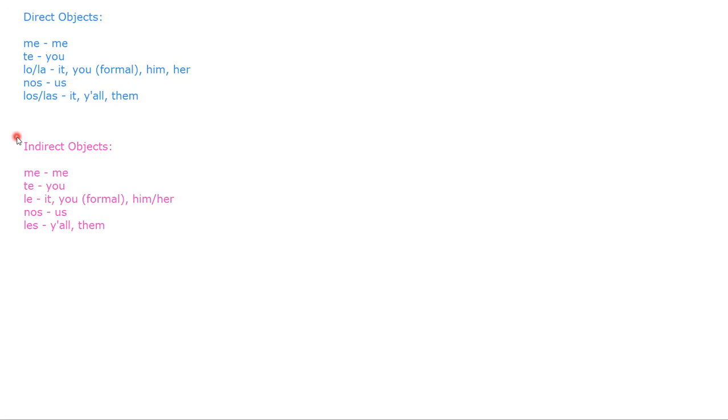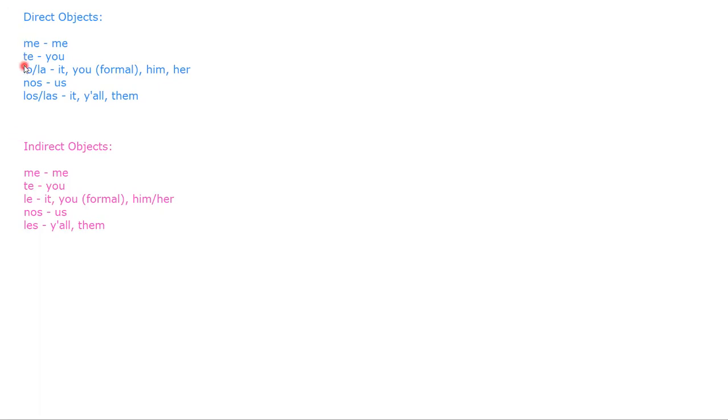So that means context is really going to help you if you're analyzing backwards from Spanish to English and figuring out if it is a direct or an indirect object, if for some reason you're doing a grammar exercise on a sentence. However, when it comes to picking it, you're in pretty good shape because those three are all going to be the same, whether you're looking for a direct or an indirect object.